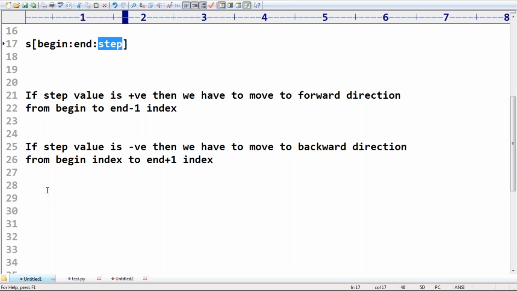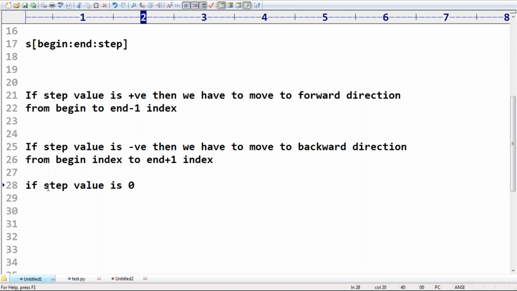Suppose I take 0. If the step value is 0, can you tell me whether you have to move in the backward direction or the forward direction? Remember that, the Python virtual machine will be confused. 0 means you should not move in any direction, you have to stop and stand there only.